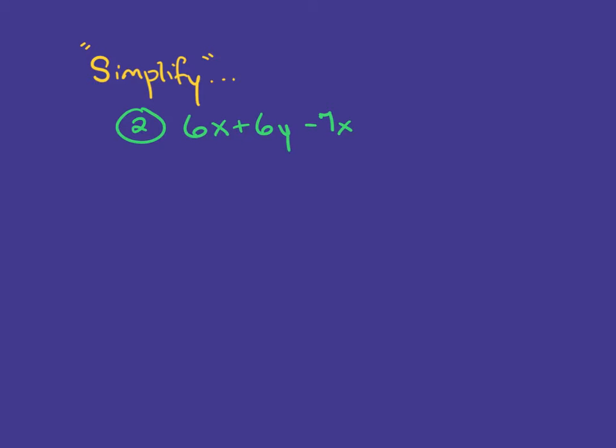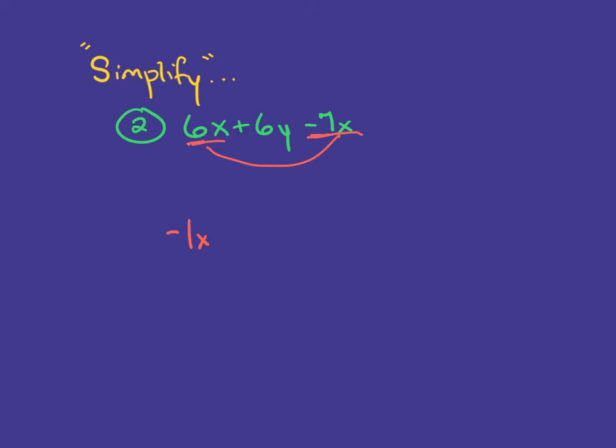Second example, doing the same thing, simplifying. 6x plus 6y minus 7x. Again, we are going to add like terms. So we've got the 6x and the negative 7x that we can put together. Make sure you keep in mind when we put like terms together, we combine the coefficients, the numbers in front. So the 6 minus 7 actually gives you negative 1x.